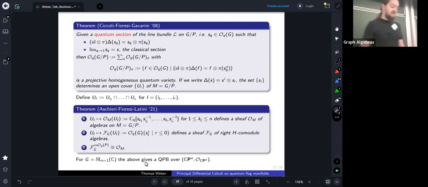Okay, so there's a theorem by three authors, including Rita, that has a quantum version of this classical section, which is like this. Here there's now a q.